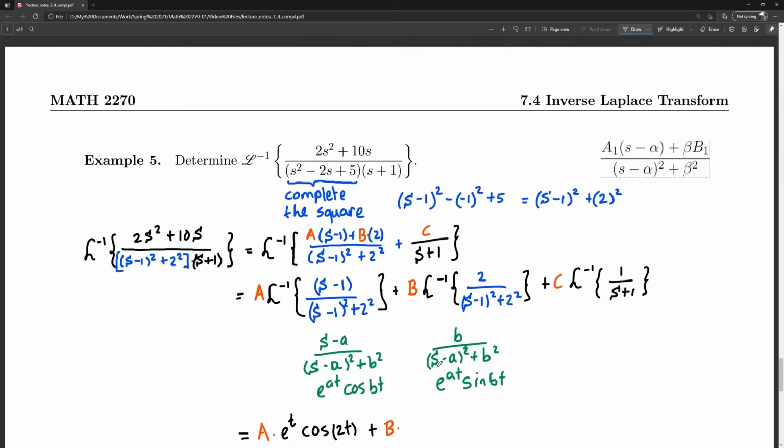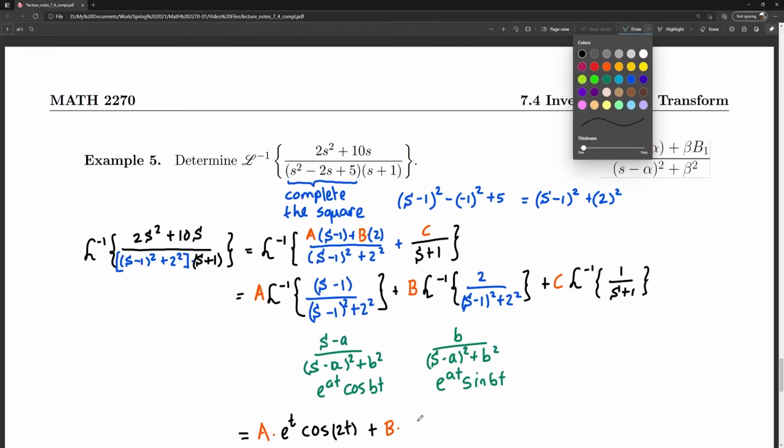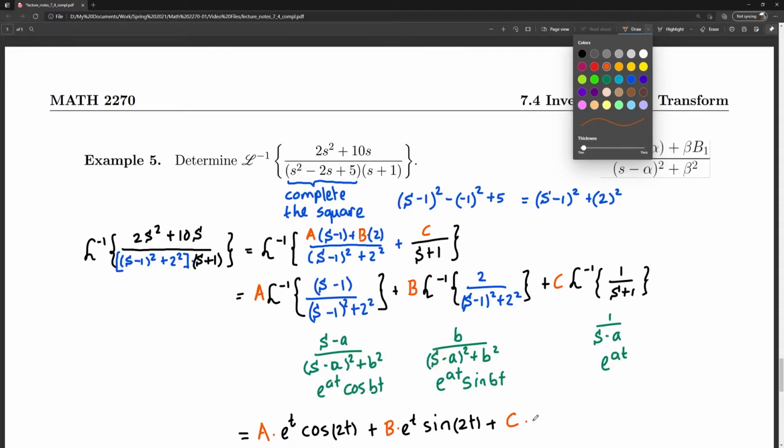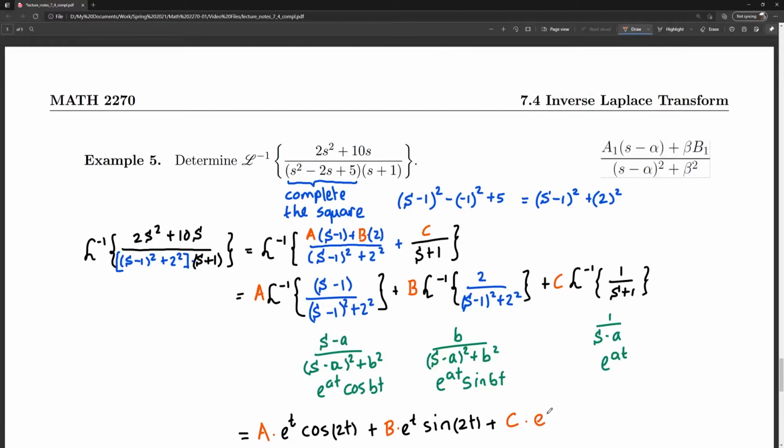And so again, b is 2, a is 1, so this is plus b times e to the power t sine 2t. And then finally, we compare that expression right there with 1 over s minus a, and that is the Laplace transform of e to the power at. So c times e to the power negative t.